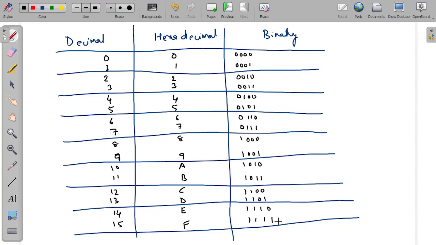So this table can be taken as a reference to perform the conversion between decimal, hexadecimal, binary and octal also, because we know the conversion table between decimal, octal and binary. Here you can write the equivalent octal number, and beside it the equivalent binary number for that octal representation.